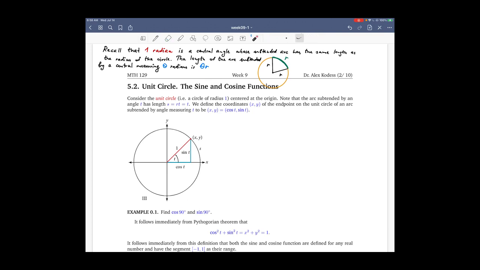And for example, when the angle is 2 pi, a full revolution, the subtended arc is the entire circle, we get the circumference 2 pi r.